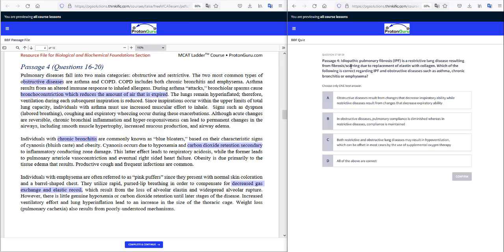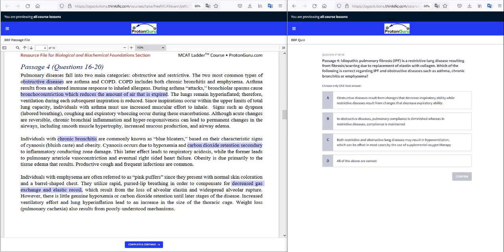And this fibrosis and scarring will, of course, diminish pulmonary compliance. And IPF, we're told up here, is a restrictive lung disease. So choice B suggests that in obstructive disease, the pulmonary compliance is diminished, but in the restrictive diseases, the compliance is maintained. We're told exactly the opposite in the question itself. So B is also incorrect.